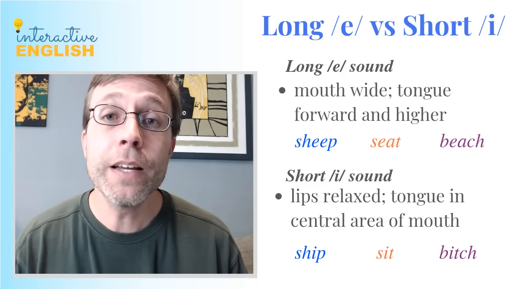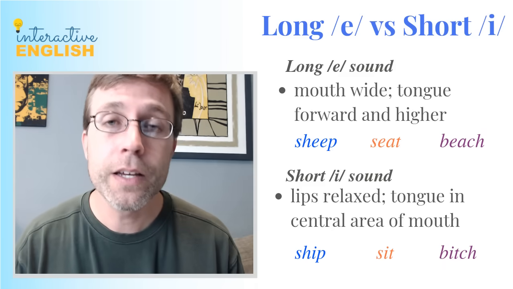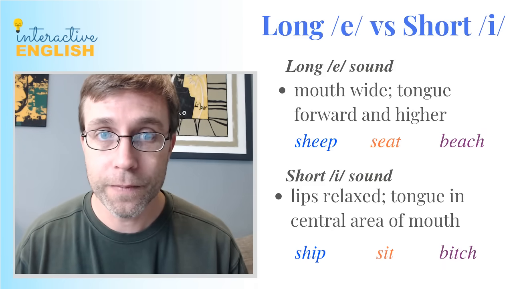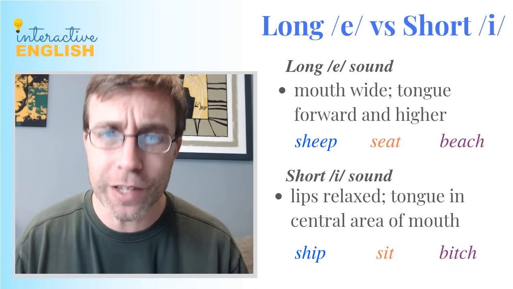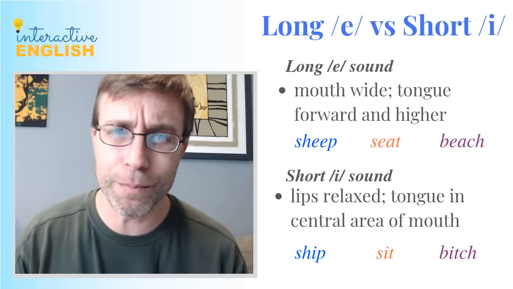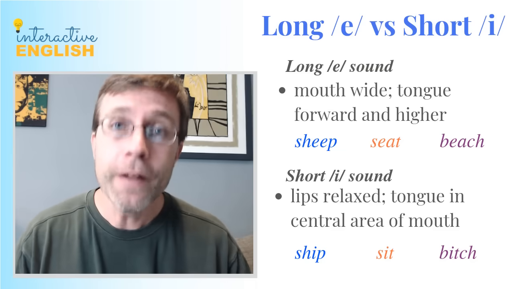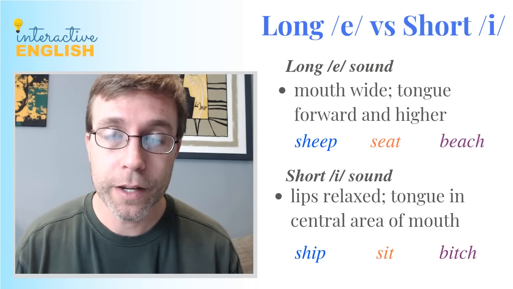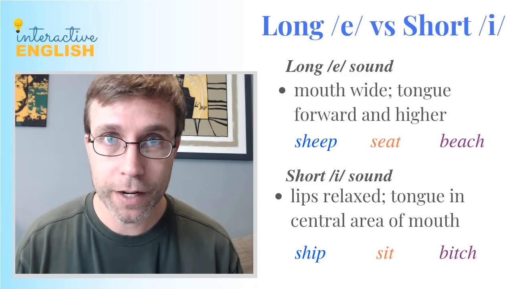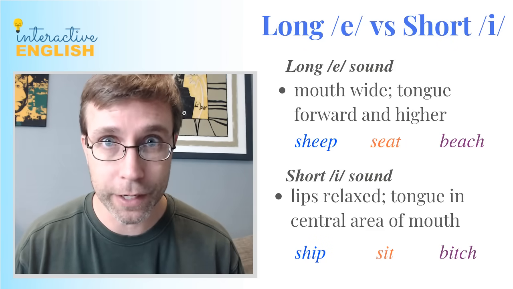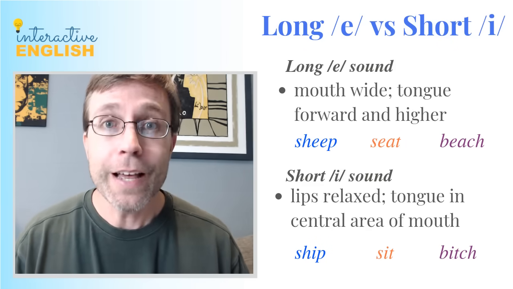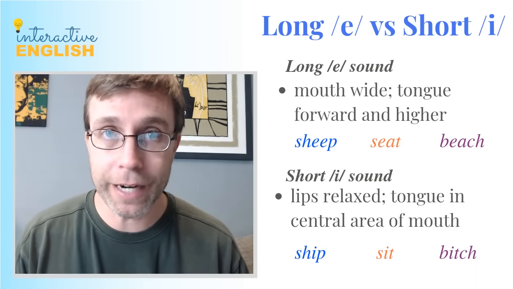One more time. Seat, sit. Okay, and that final one, all right, that long E sound. Let's look at those. I guess it's a purple color, maroonish color. Ready? Beach, bitch. Beach, bitch.